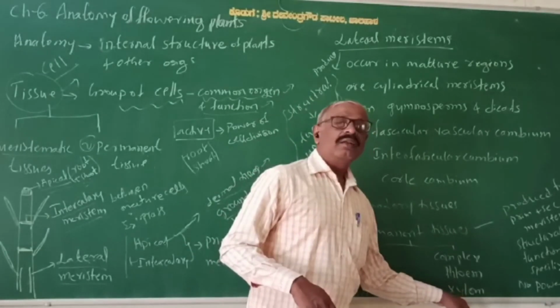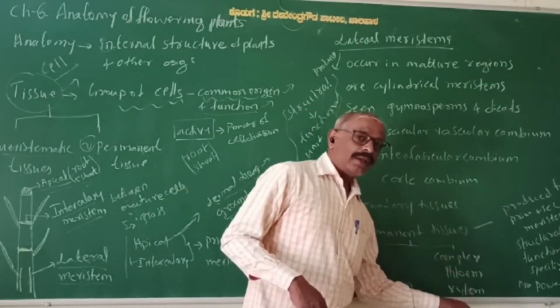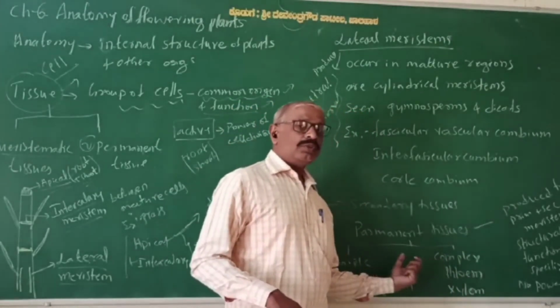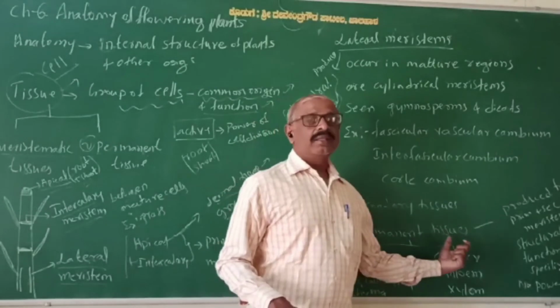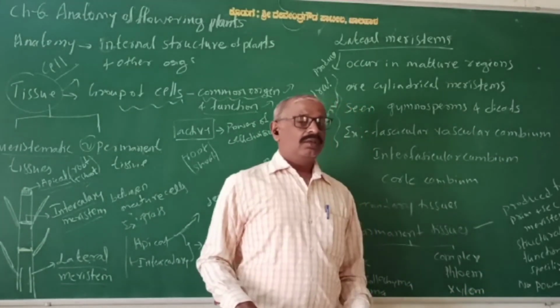So these come under the xylem. ಹಾಗಾಗಿ we are saying these are said to be complex. So these are the two permanent tissues, the simple permanent tissues and the complex permanent tissues.